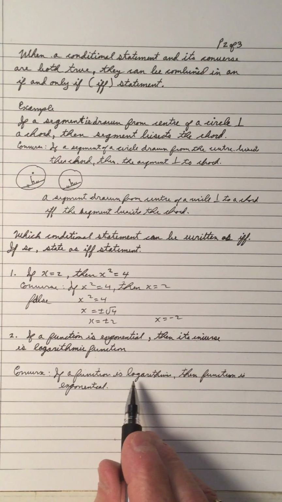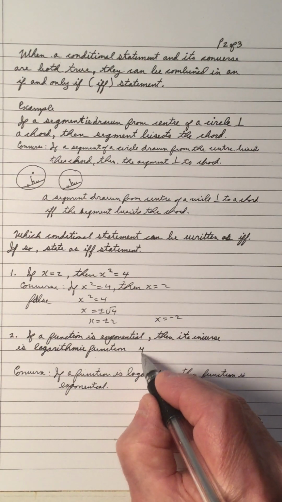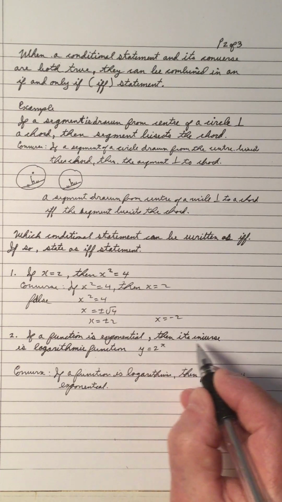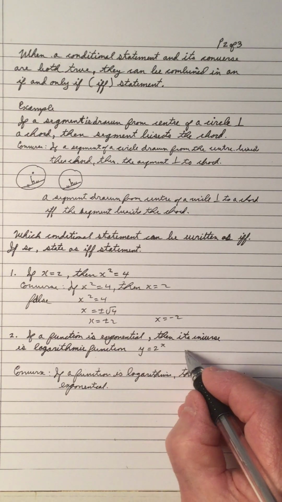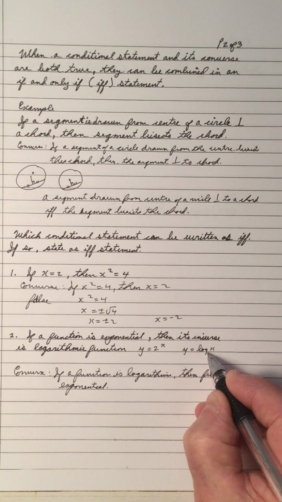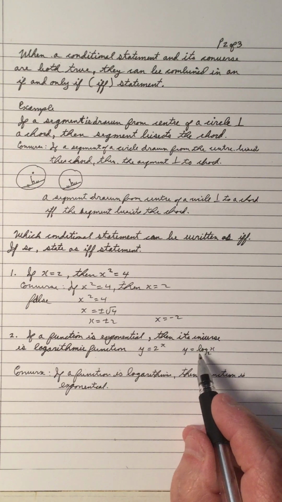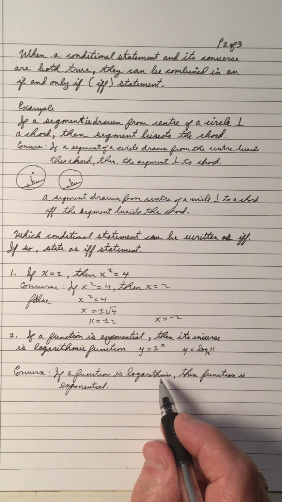And an exponential function is like y equals 2 to the x. A logarithmic function of that is y equals the log of x base 2. So one is exponential, one is logarithmic, and they're the inverse of each other.